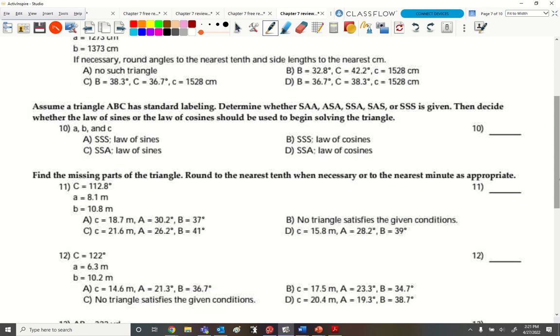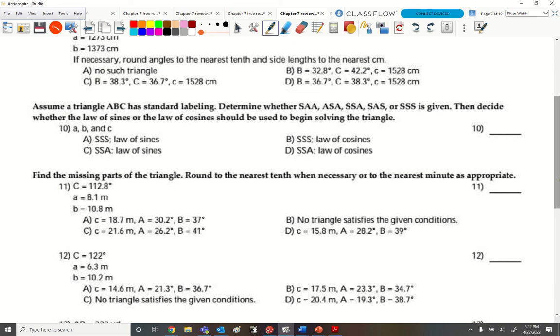Number 10. Assume triangle ABC is standard labeling. Determine if it's side angle angle, angle side angle, side side angle, side angle side, or side side side, given whether law of sine or law of cosine is going to be used in solving the triangle. Look at number 10. What are all those?